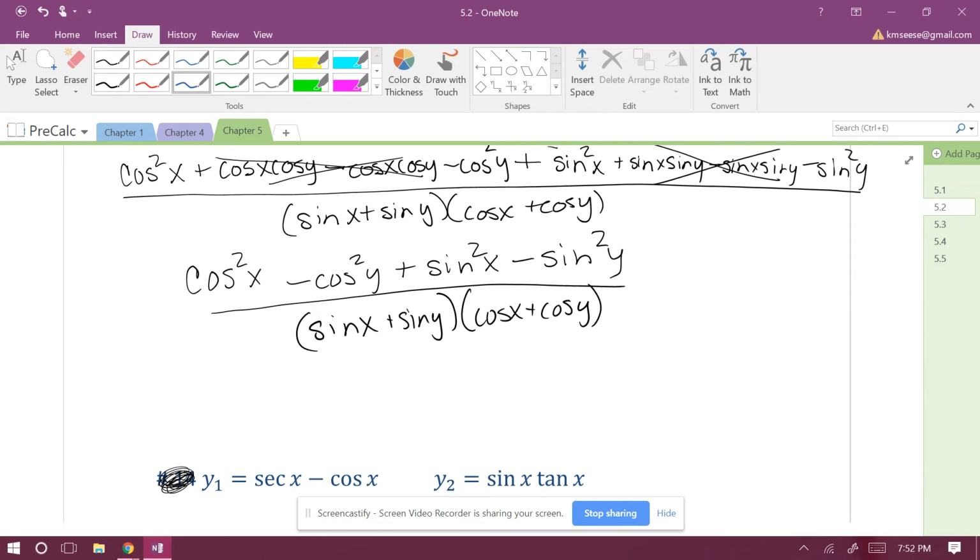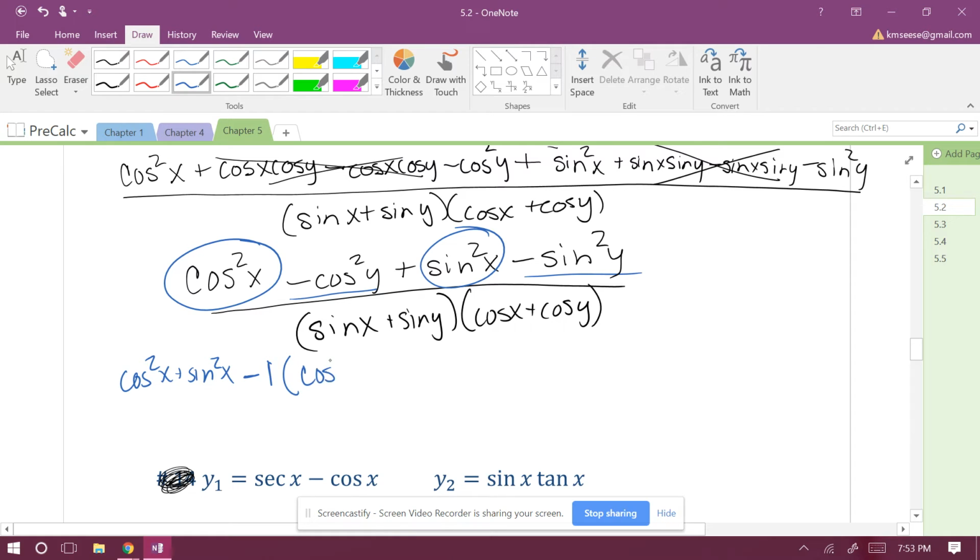Now you may notice here, I have a cosine squared of x plus sine squared of x. That equals 1. I have a minus cosine squared of y and a minus sine squared of y. If I factor out a negative 1, that gives me a cosine squared of y plus sine squared of y over my denominator.